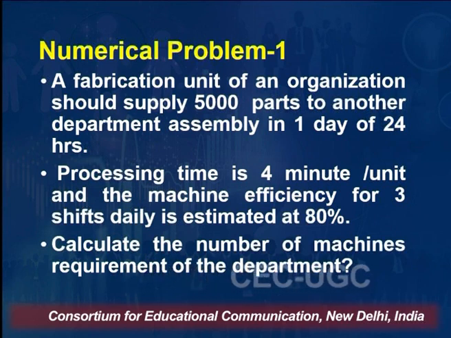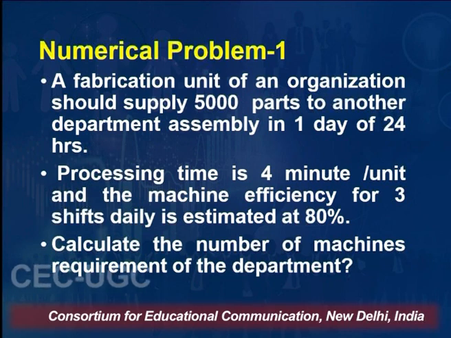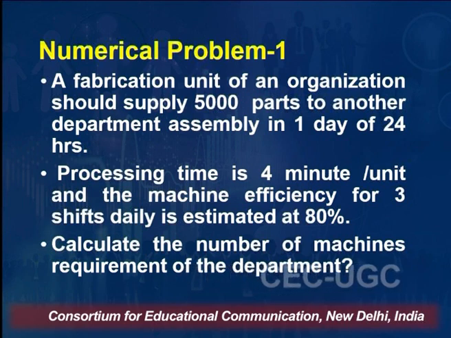Calculate the number of machines required by the department. This is a very simple example of capacity planning. You have to decide how many machines I should have. This is my requirement. So how do we solve this problem?